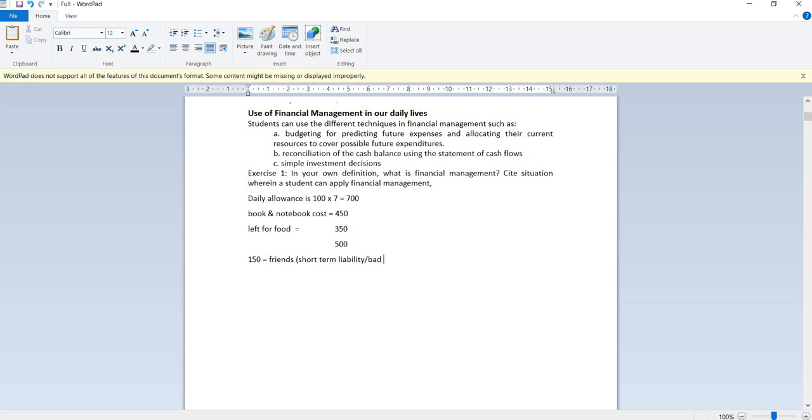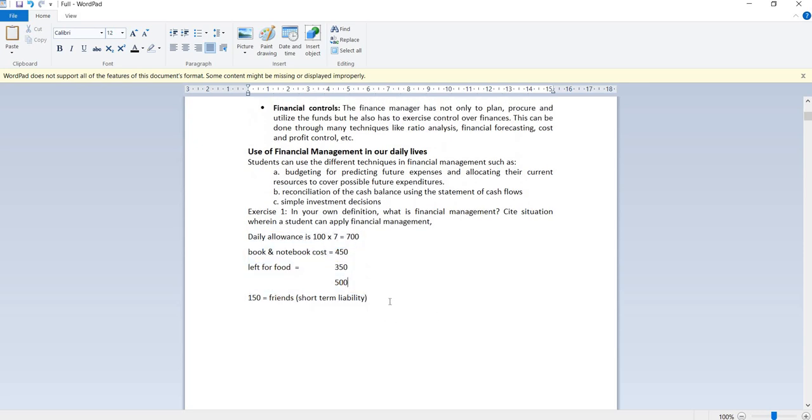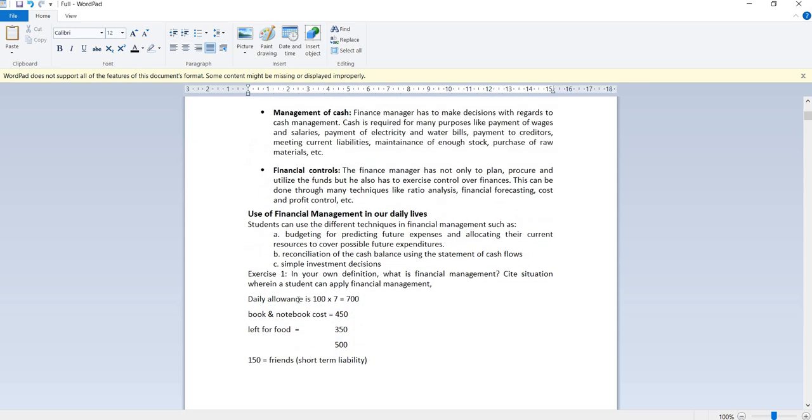Char. So, that is considered a short term liability. So, nagamit mo na dito yung financial management. So, first is tinignan mo yung available na resources mo, and then your possible expenses for the week, and then nag-source out ka ng funds.